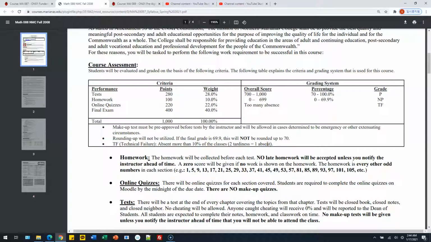This is 3 credit hours, so we are meeting 45 days. If you miss more than 15%, then you will get a technical fail, if this is a face-to-face course.